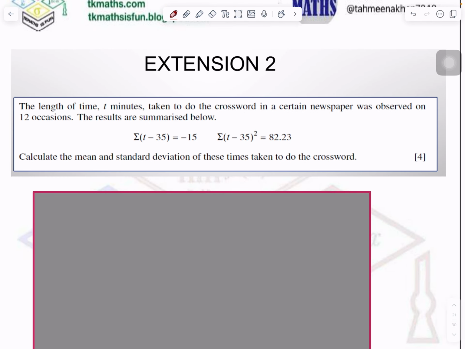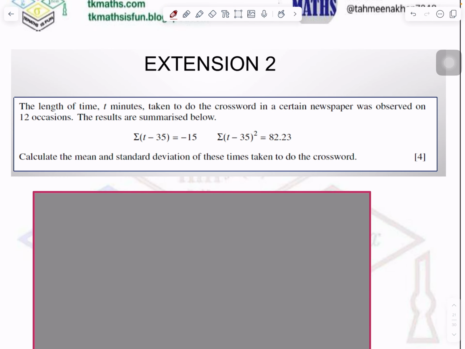So first of all, about the mean, how you will calculate the mean. Do you remember the other method which I told you? You can also find straight away the mean of the coded data, divide it by n, and whatever the answer comes, add 35 to it.